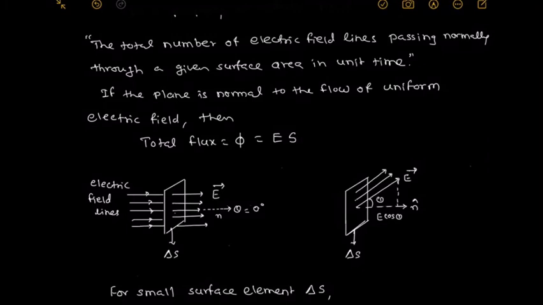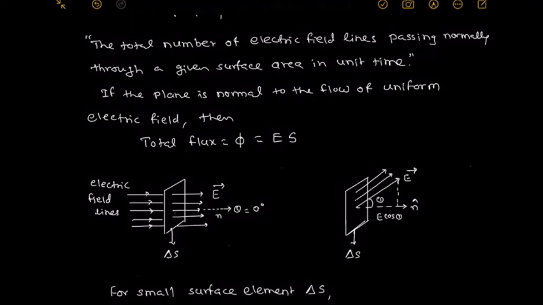If the flux is passing normally through a given plane whose surface area is very small, the straight lines show electric field lines directed towards the surface whose area is very small, delta S. The normal drawn to that plane is in the direction of the external electric field lines, which means theta is 0.